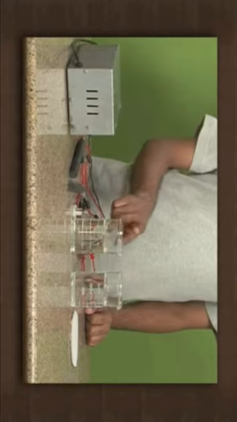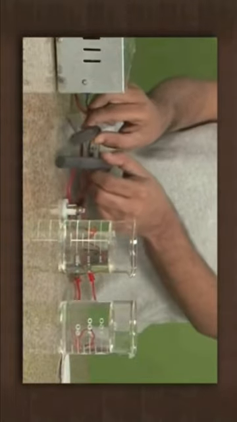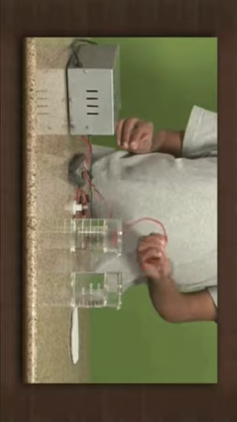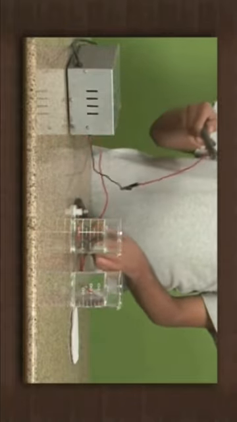There are two graphite rods, a battery, a switch and a bulb. We are going to arrange the electric circuit. Just go through the experiment, students. Take the two graphite rods, connect them to the bulb, switch and battery.